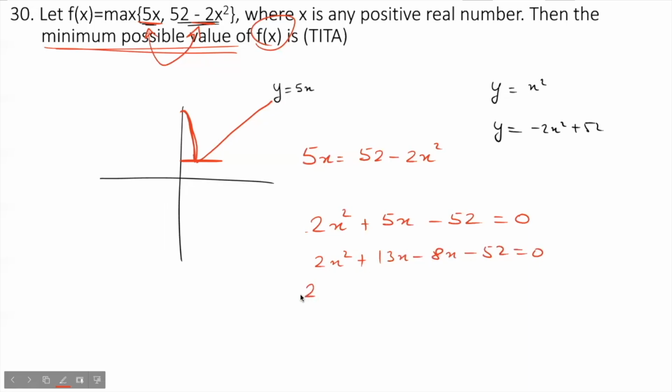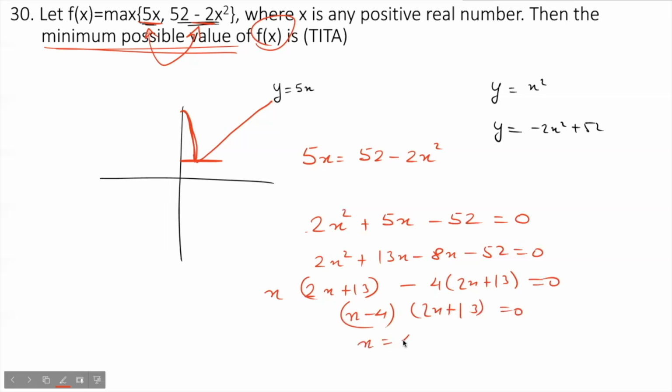So basically you can take x common, 2x plus 13, minus 4 common, 2x plus 13 will be equal to 0, or x minus 4 into 2x plus 13 is equal to 0, will give me x as either 4 or minus 13 upon 2 or 6.5.